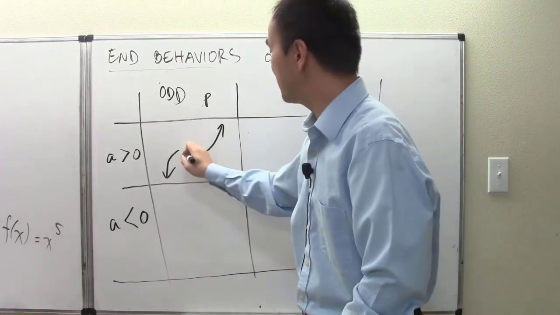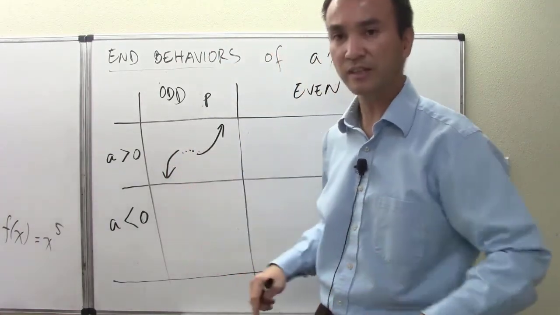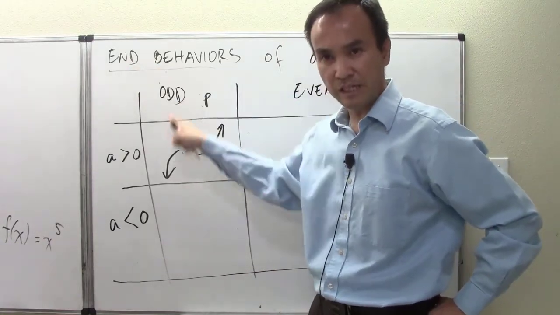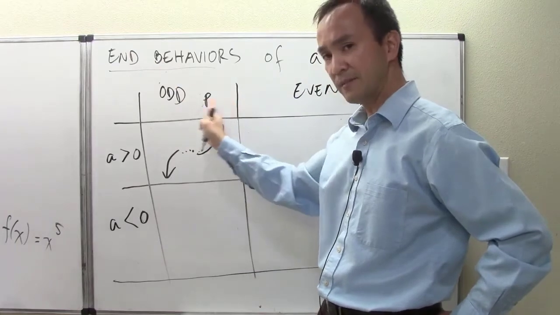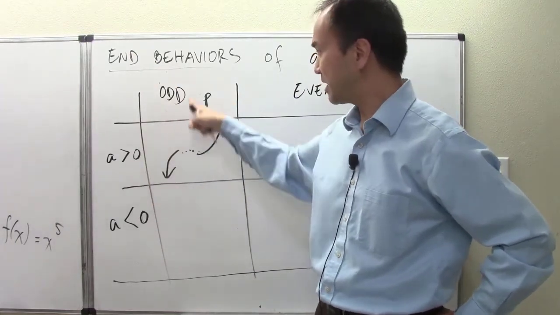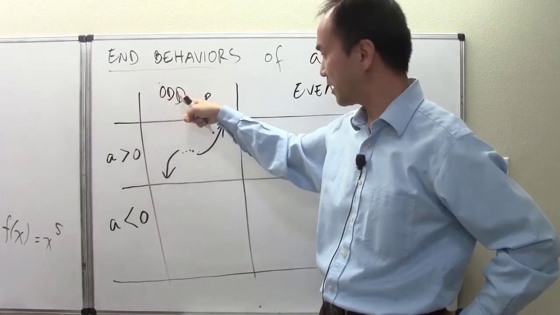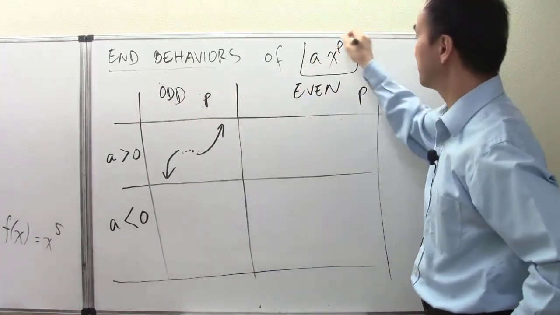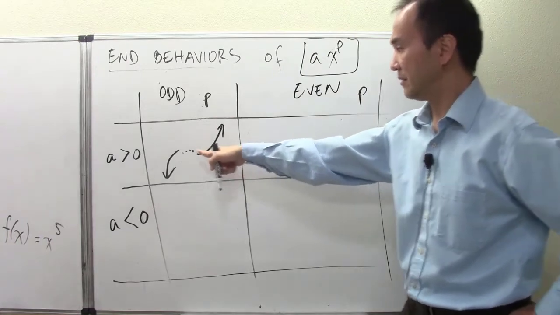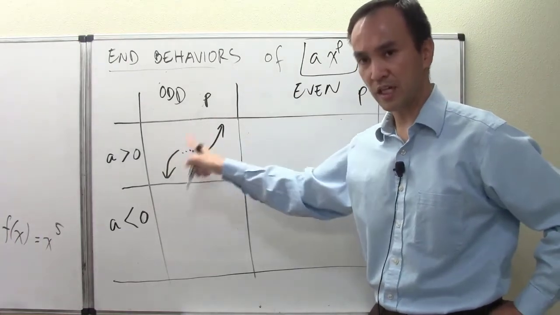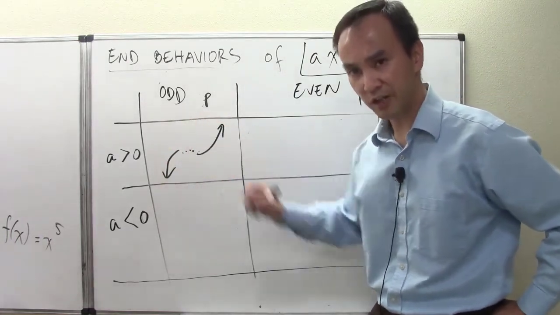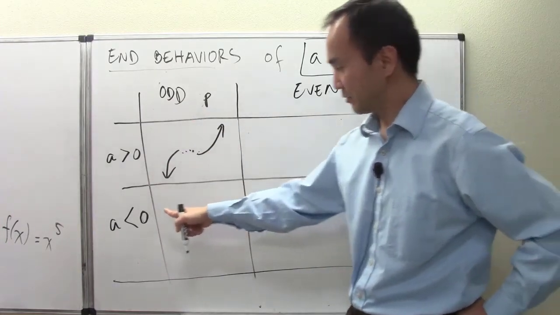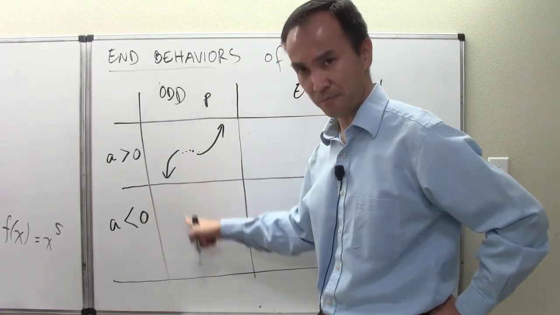Whatever happens in the middle, that's not what we're looking at right now, so I'm leaving dots here, because right now we're looking at end behaviors. So generally, when it's an odd power in our power function a times x to the p, the left and right ends point in opposite directions.